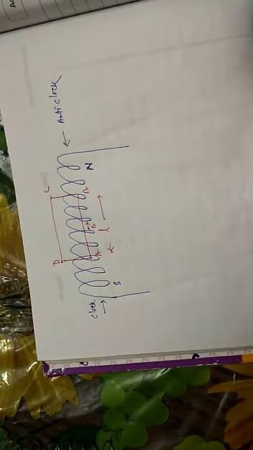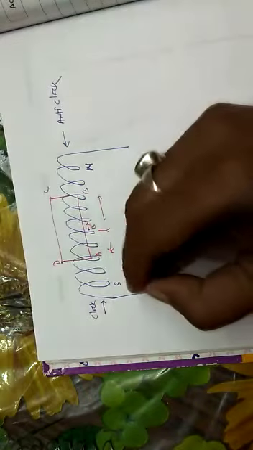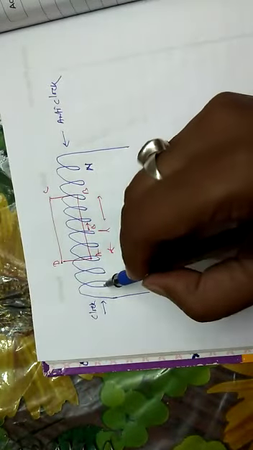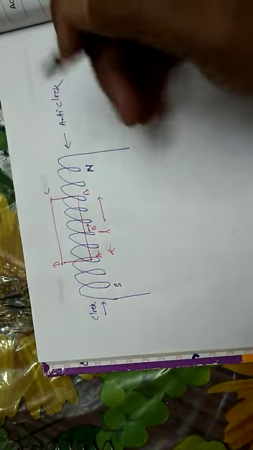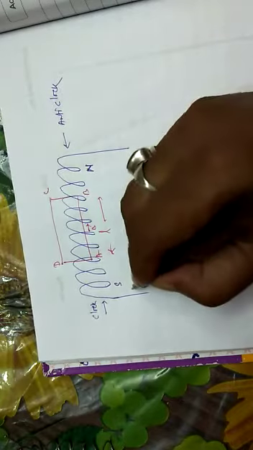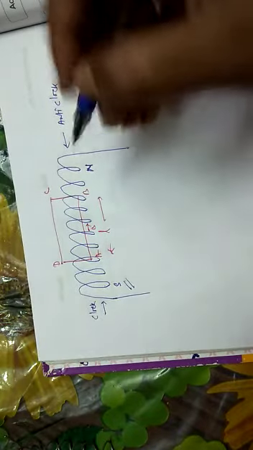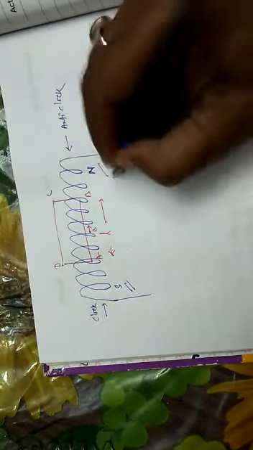So for that, if it is a solenoid, we know that if current in one end of a solenoid is clockwise, it has to be anti-clockwise from the other end. Any loop where current is clockwise behaves like a south pole, and any loop where current is anti-clockwise behaves like a north pole.